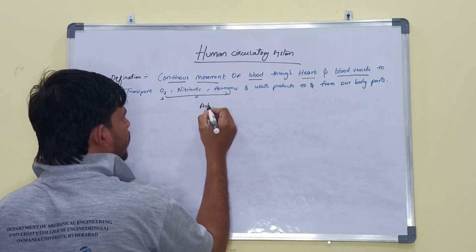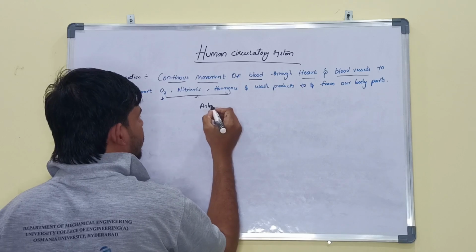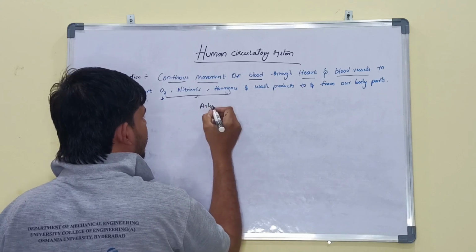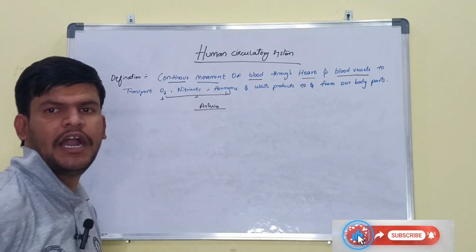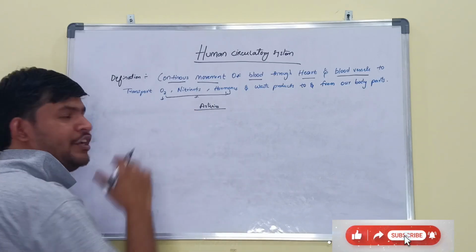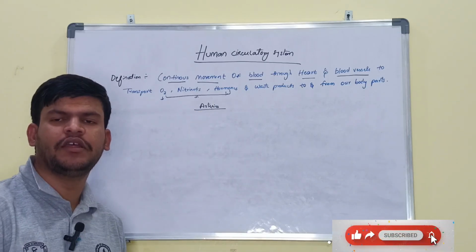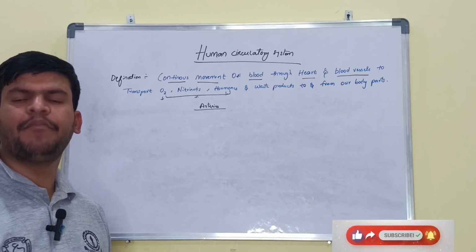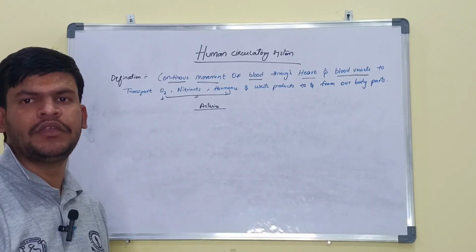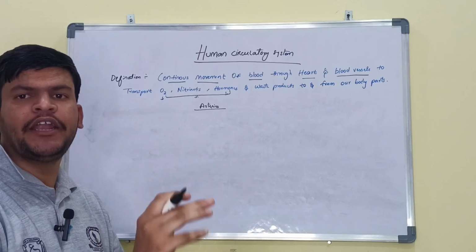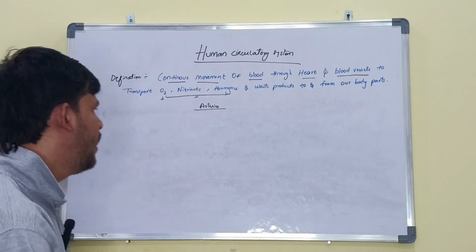Arteries. What do you mean by arteries? As we discussed about the definition, the arteries are a type of blood vessels which carry blood away from the heart and supply to all the body parts.